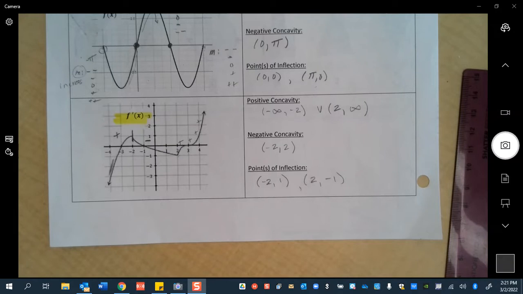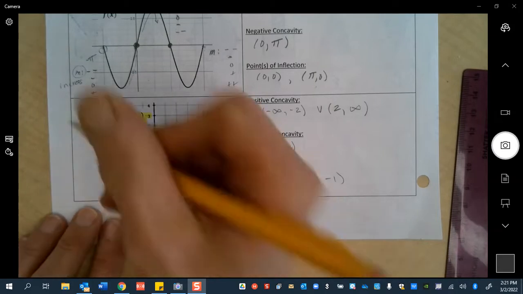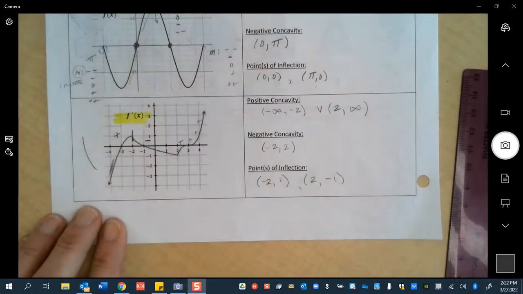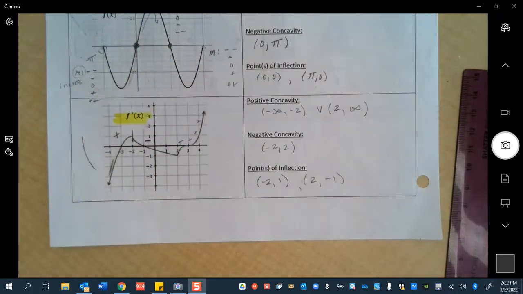Your graph is different from the graph of your derivative. You're looking at the graph of your derivative. Your derivative value is negative. So this graph, if I were to sketch it, starts off like this. Because my derivative is getting bigger, my derivative value.